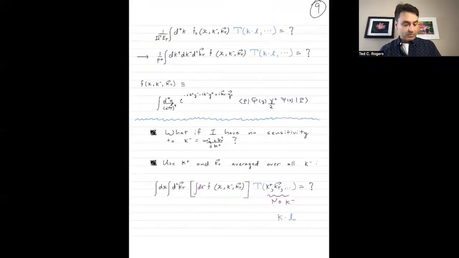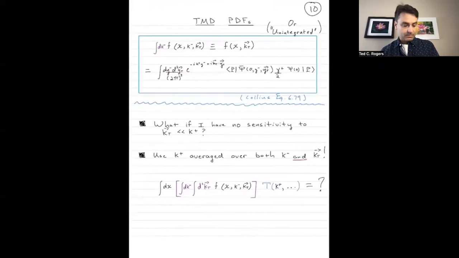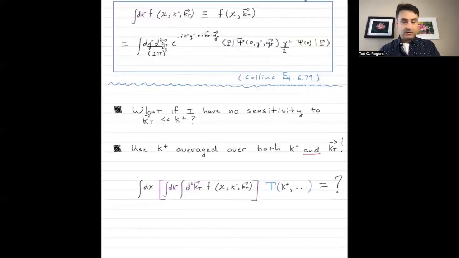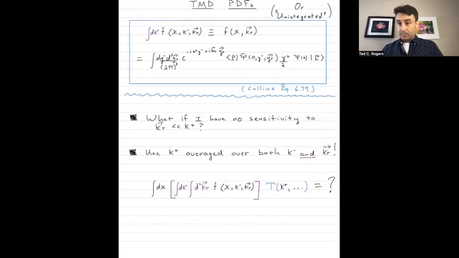So back here, we could also say, or let me write it down here. We could also say, what if the t that I'm using is also insensitive to the transverse components, which again will often be the case. Not always, but often. Then I can approximate the k one more time. In that situation, I can say k only has a plus direction. This is starting to look like our discussions of the parton model.